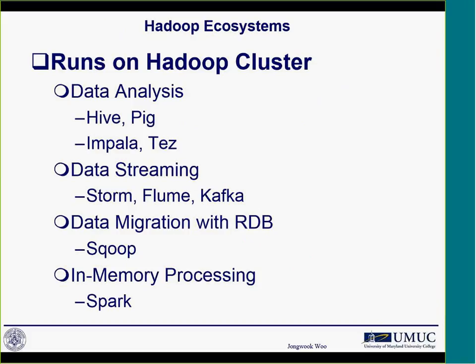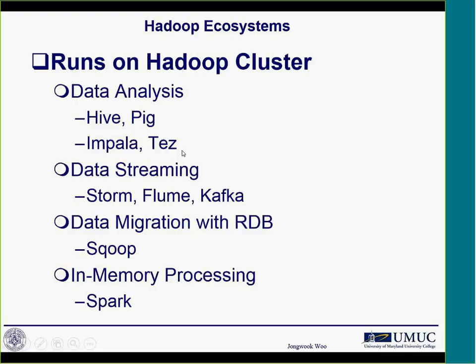So also, let's take a look at the Hadoop ecosystem again. That runs on the Hadoop cluster, as we see in the previous slide. For data analysis, Hive and Pig have been popular. Also, Hive and Pig are batch processing; for more interactive data analysis, Cloudera presented Impala, and Hortonworks presented Tez.